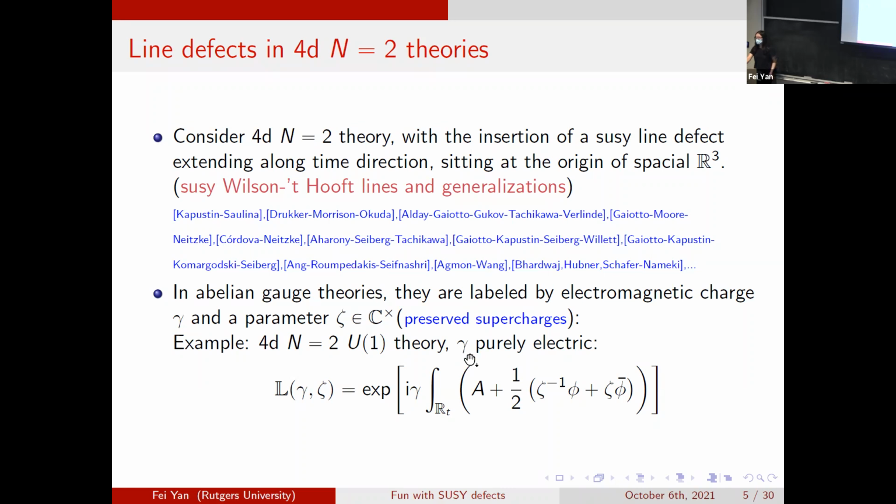One could explicitly write down such an insertion of a line defect in the following way. For example, if you just consider a 4D N=2 U(1) theory, you pick an electromagnetic duality frame such that gamma is purely electric, then the insertion of such a line defect is explicitly written in terms of an exponential of an integral along the time direction.